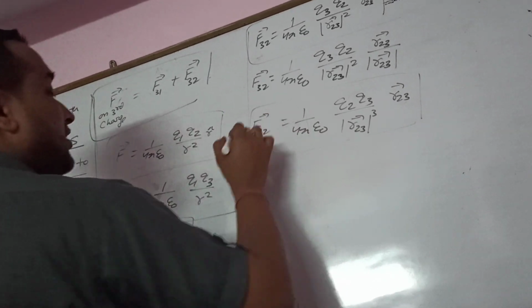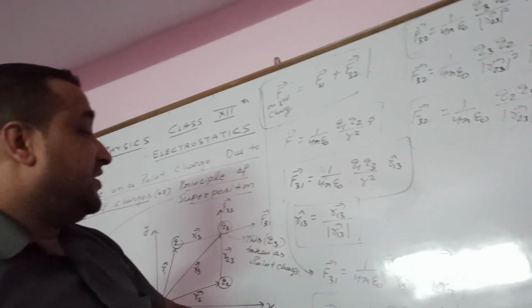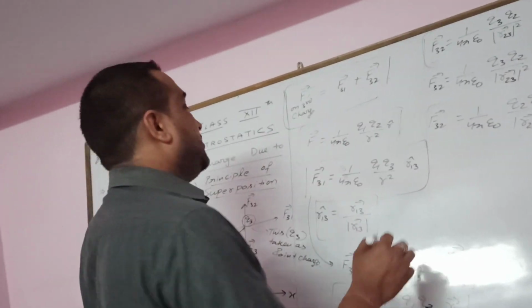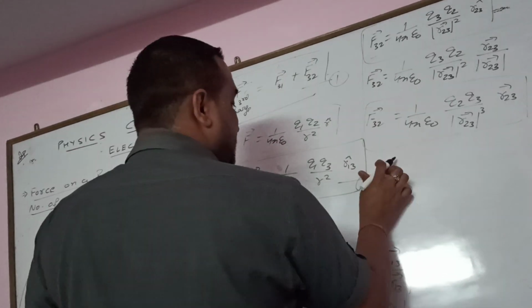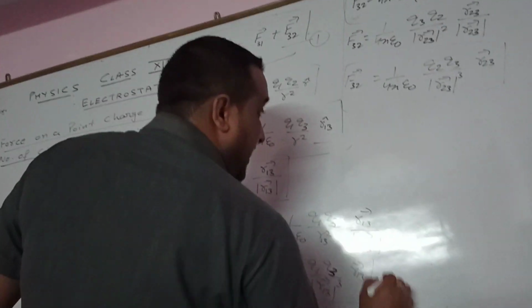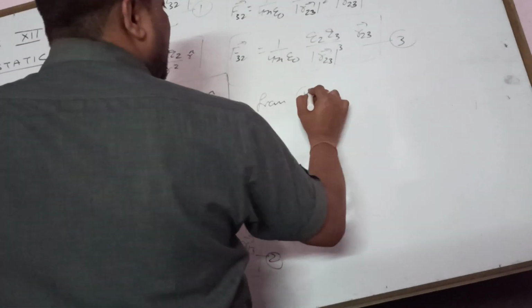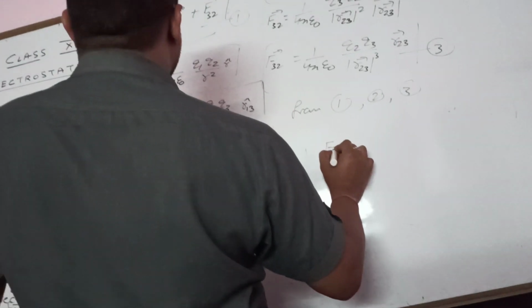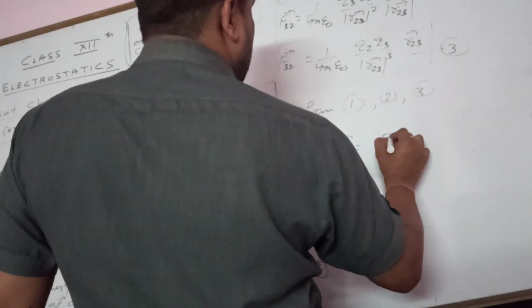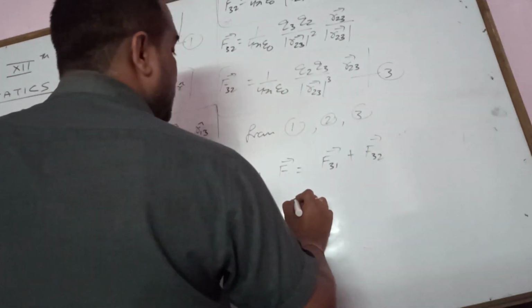These formulas must be put into the superposition equation. So from the first, second and third equations, F is equal to F31 plus F32.